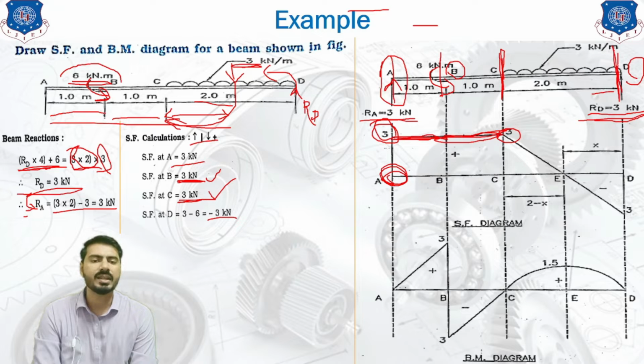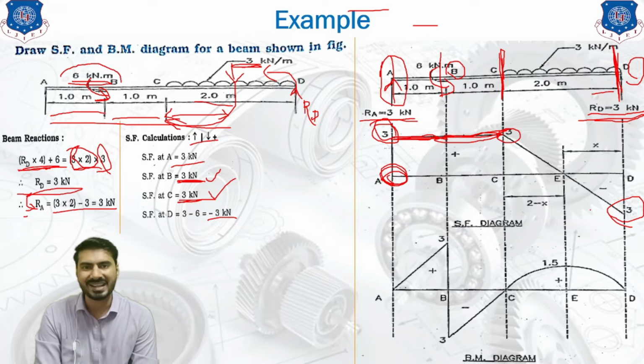At point D, we know that the value is negative. So we have to represent it below the reference line. So we have represented 3 below the reference line, or you can also write it as a negative 3 or minus 3. To connect these 2 points, we are going to use one inclined line, because between the point C and D, there is a UDL acting on the beam.